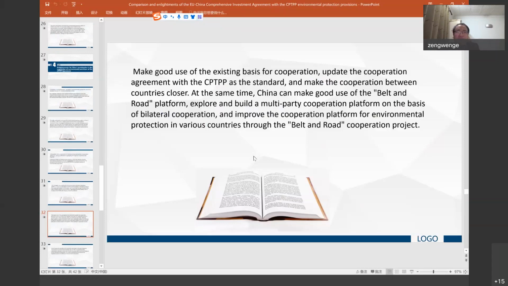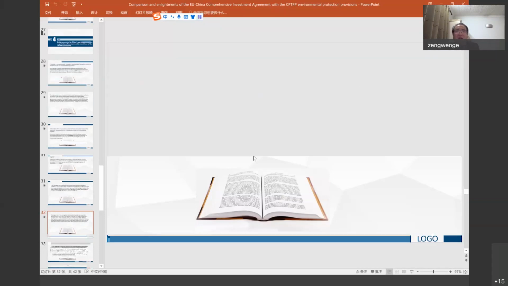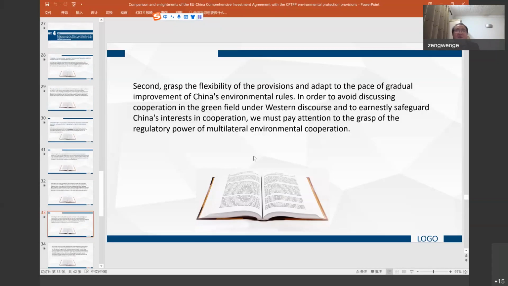Make use of the existing basis for cooperation, and update the agreement with the CPTPP as a standard to make it closer and closer. The second is the grasp of the flexibility provisions and the improvement of China's environment rules. You know, the CPTPP has very high standards for China.